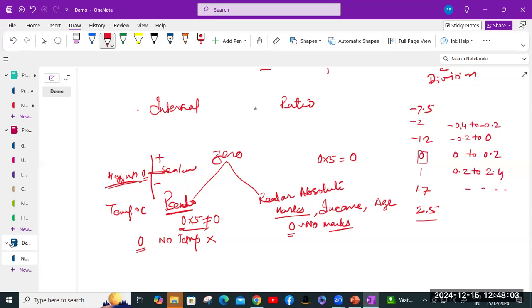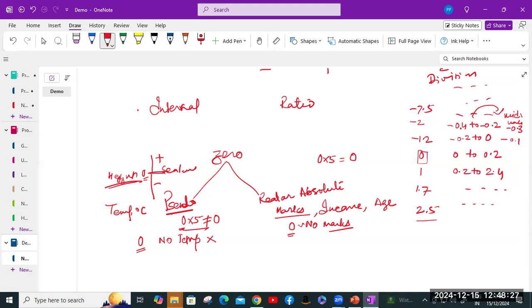In this way, we will do this. Understand? Is it clear? And then we take the mid value of this. Mid value means the average of this. So we get here minus 0.3, here minus 0.1.